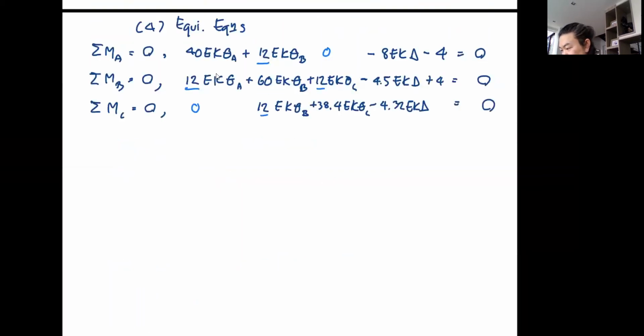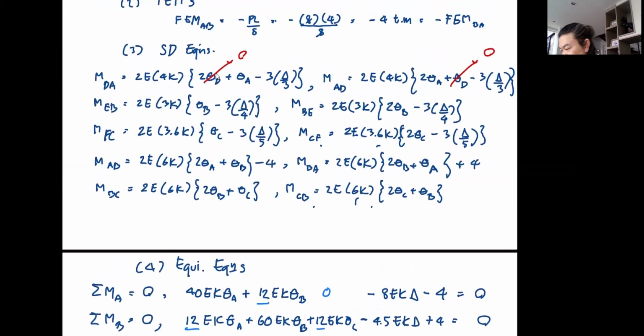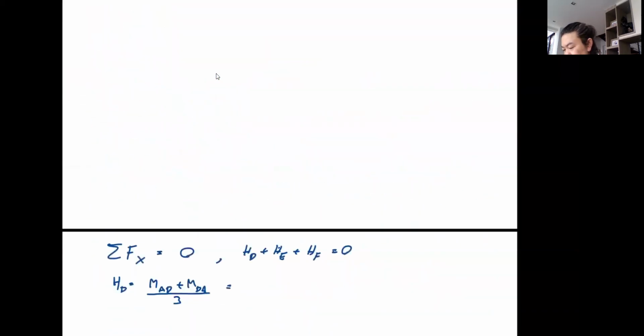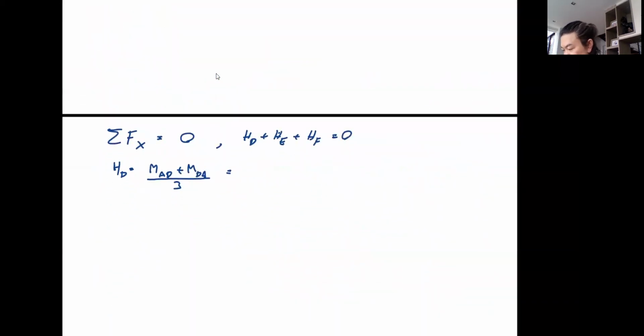You go back up here. I'm not going to scroll back up again because it's confusing, but it's a pretty similar term because you only have theta A and then delta. This is 24 EK theta A minus 16 EK delta over 3.